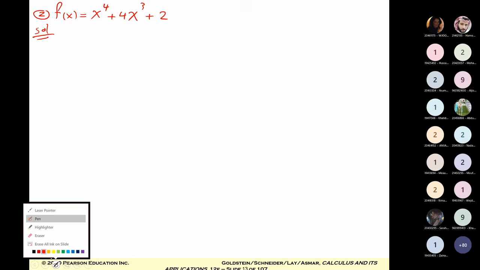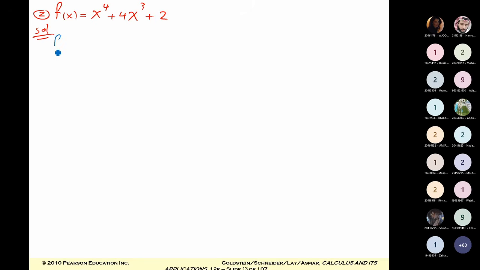Let's continue. Another function, if we need to find the maximum and minimum: x to the power 4 plus 4x to the power 3 plus 2. Also we need to find the critical point or stationary point. So f prime is 4x to the power 3 plus 12x squared.